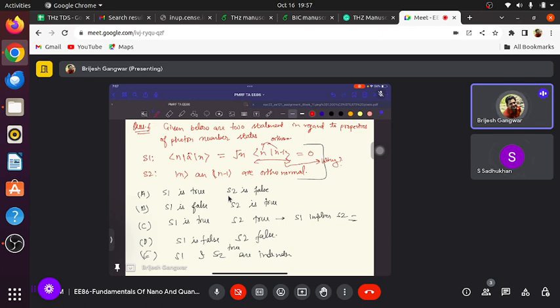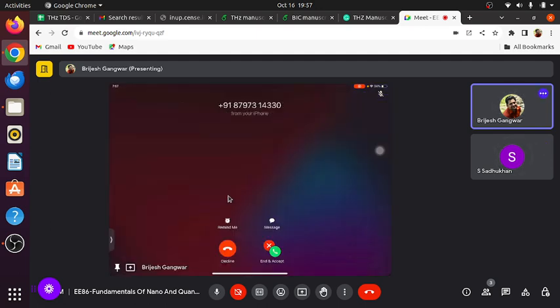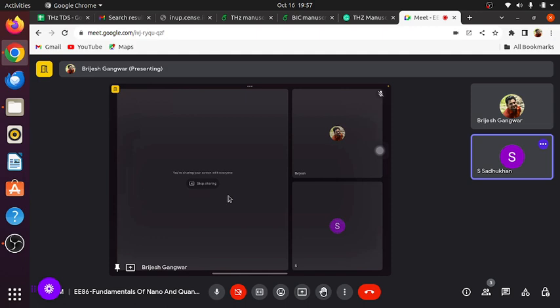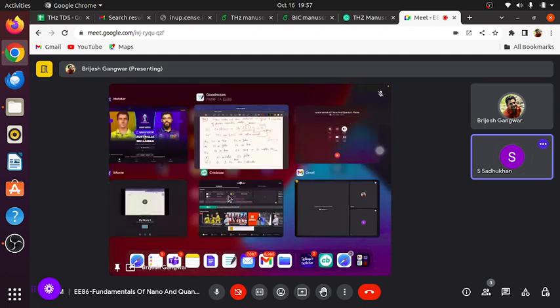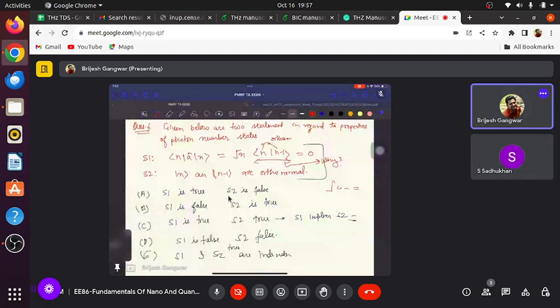If these are not orthogonal, this integration comes to some finite value. Okay, so this statement implies this one, that's why this is 0, because these are orthonormal.